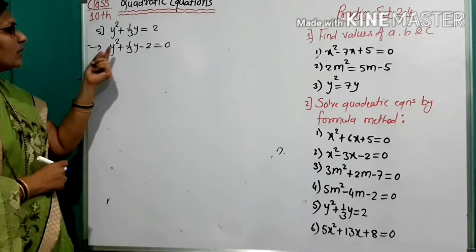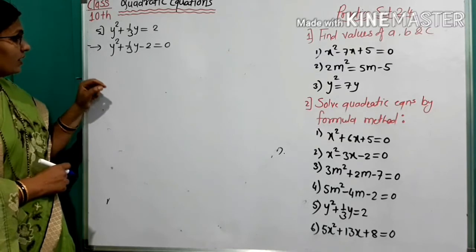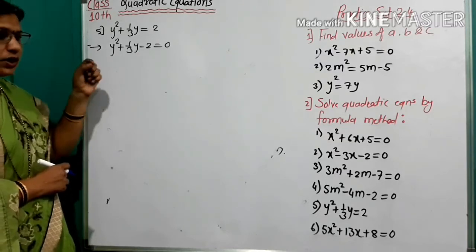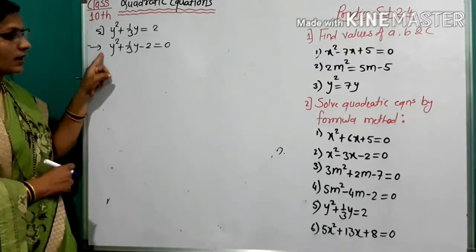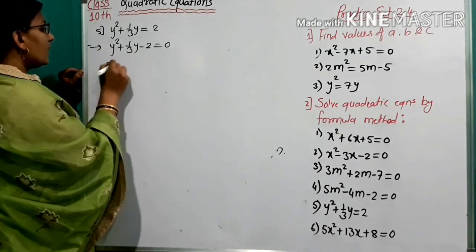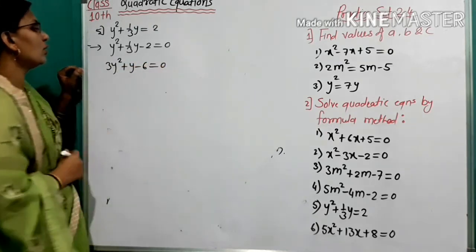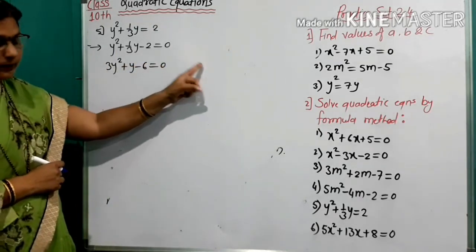Here a equal to 1, b equal to 1 by 3, c equal to minus 2. To simplify this to solve by formula method, I multiply this equation by 3. So we have 3y square plus y minus 6 equal to 0.